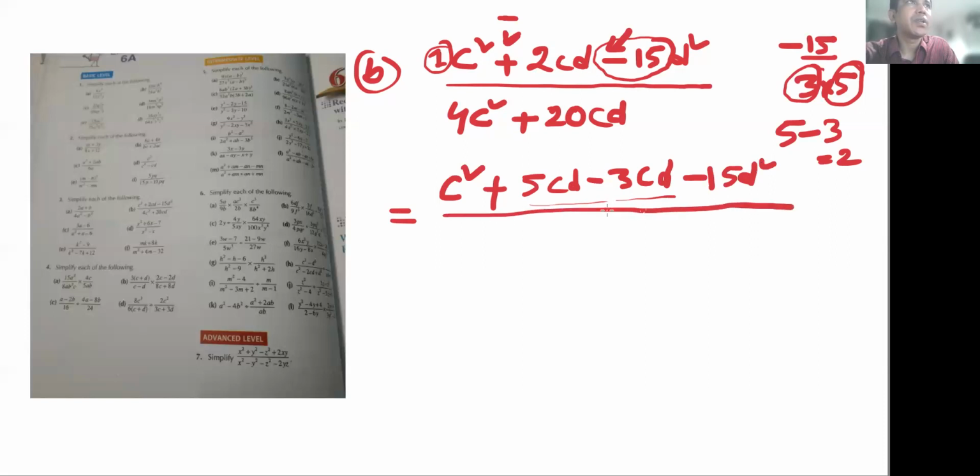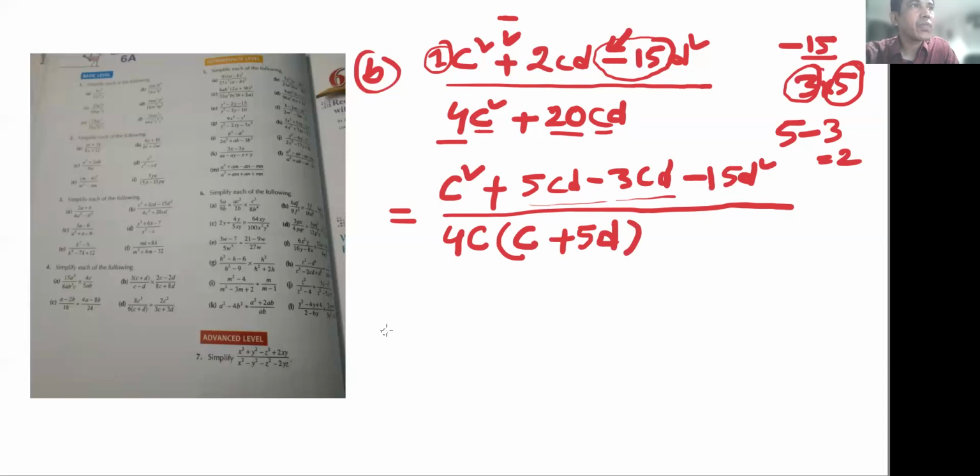Then the denominator: we can take some common factor. 4 and 20, we can take 4 common. C square and C, so we can take C common. Then we will have C plus 5D, because D is getting cancelled.